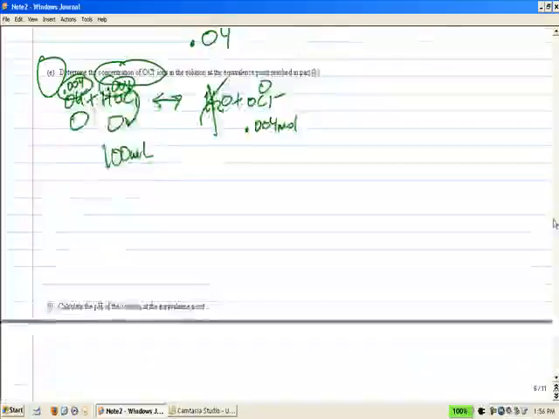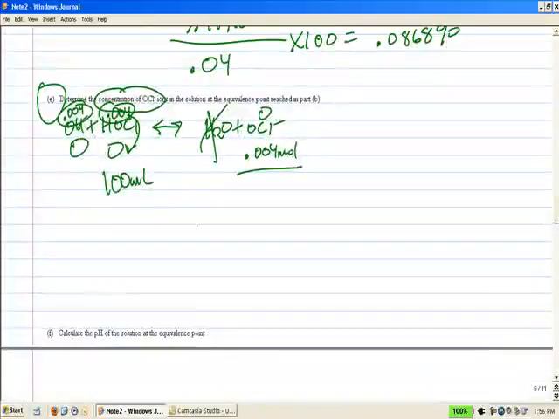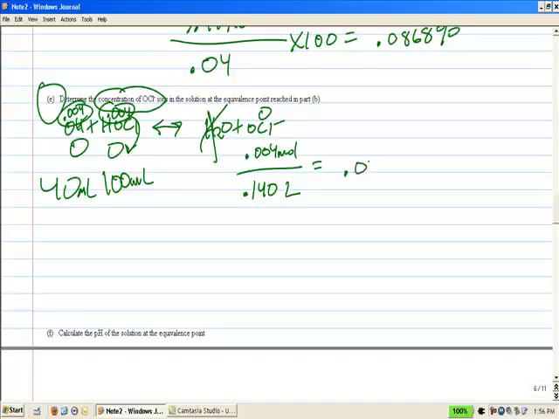So what's our total volume? Should be 140 milliliters, so 0.140 liters. So we're going to take 0.004, divide it by 0.140, and you get 0.0286 molar. That's the concentration of OCl minus in the solution at the equivalence point.